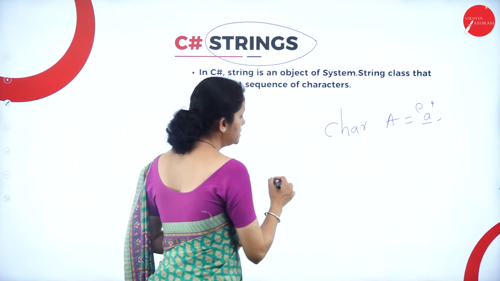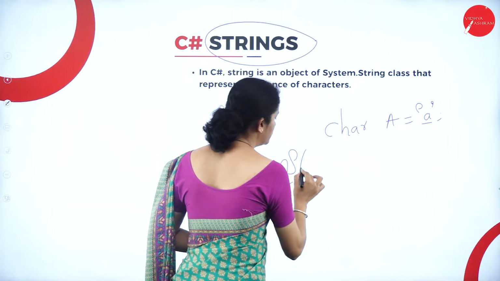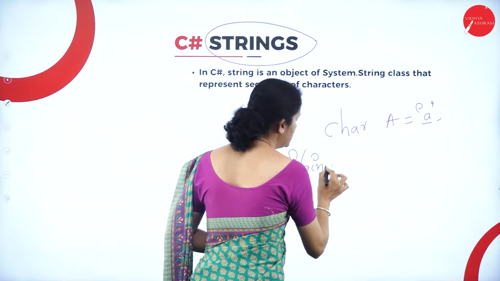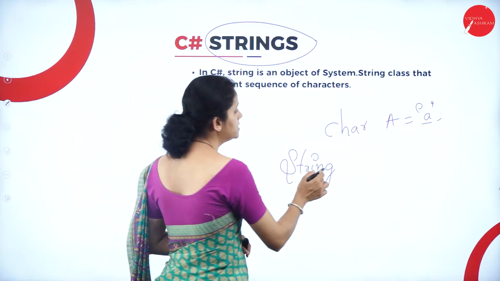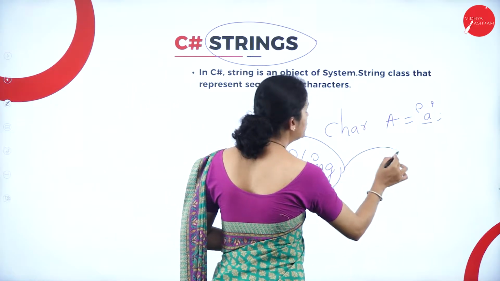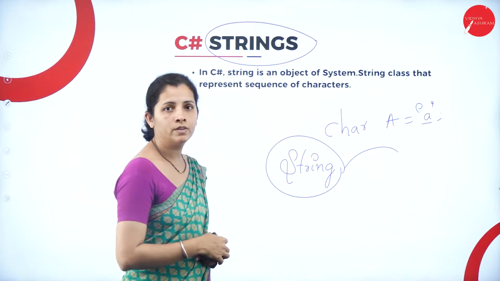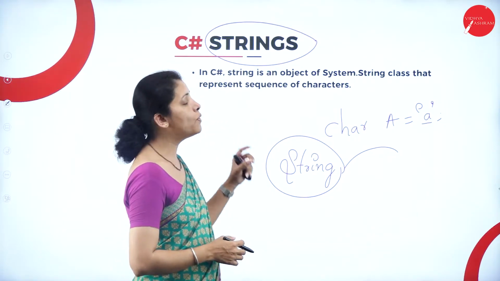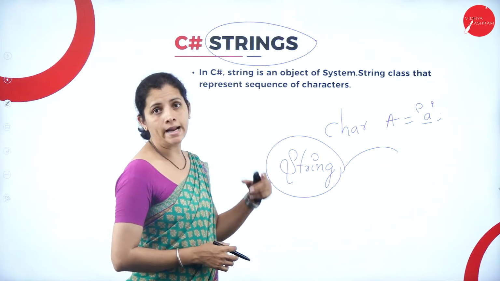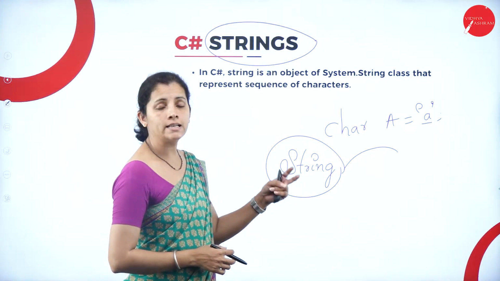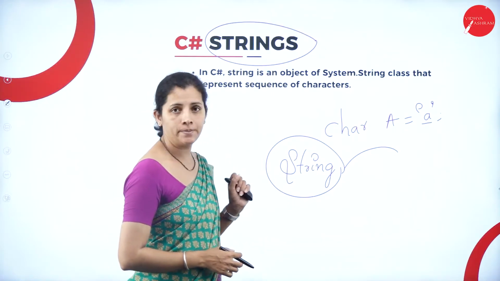Now, if I consider a string, what is string? Here string is nothing but a collection of characters, or a group of characters. When I have more than two characters, then it is coined as a string.